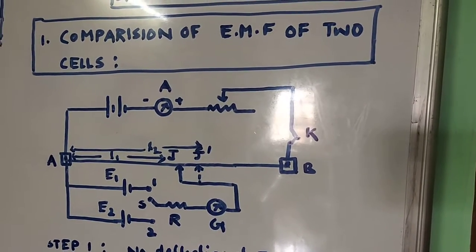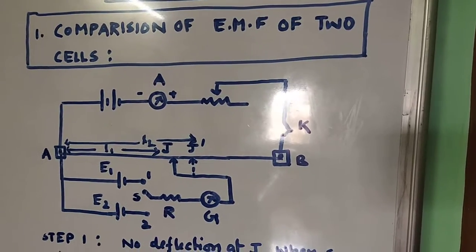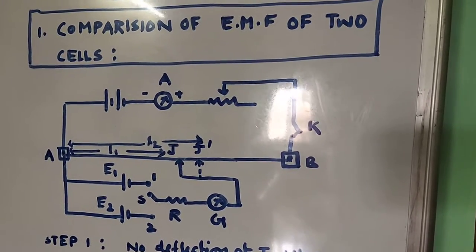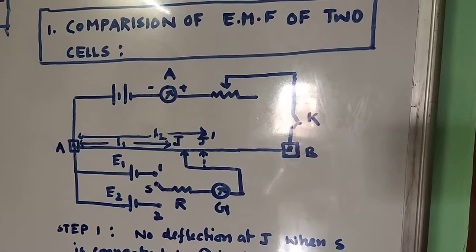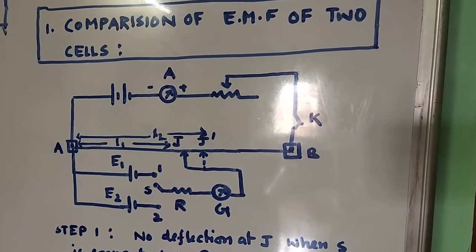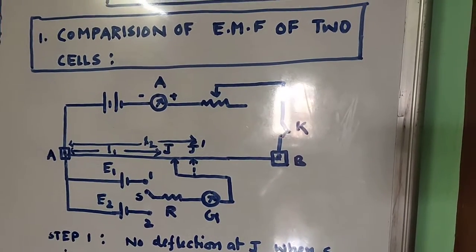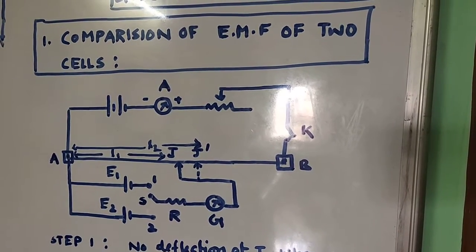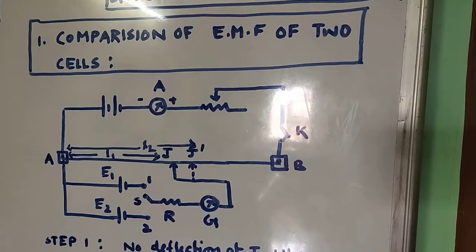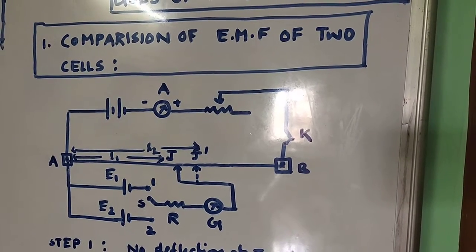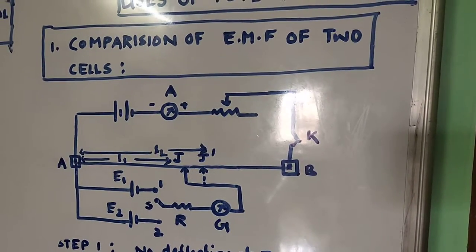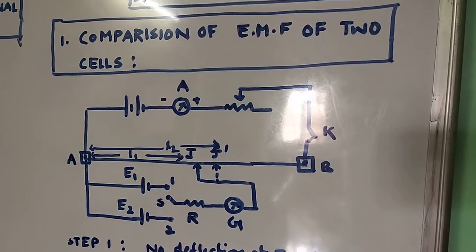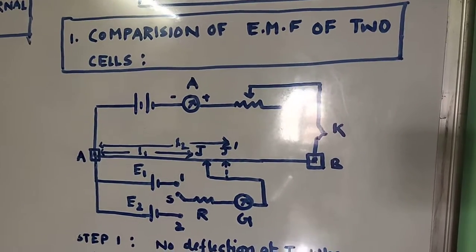In this experiment, we connect S with 1, keeping terminal 2 free so that there is a gap between S and 2. In this way we connect the cell E1 and not E2. At a time we connect a single cell, either E1 or E2.